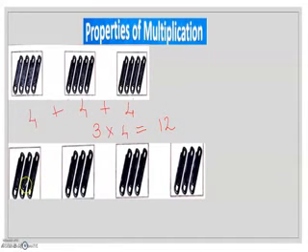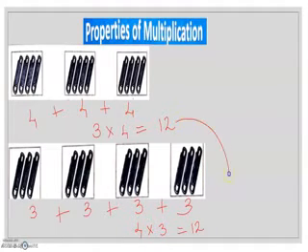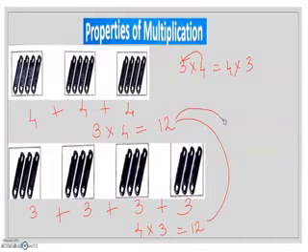Now here we can see another set of pens. Here there are 3 pens, here there are 3 pens, here there are 3 pens and here there are 3 pens. So 4 times 3, or 4 into 3, is equal to 12. Here we can notice that 3 into 4 and 4 into 3, if we change the numbers, we get the answer both as 12.